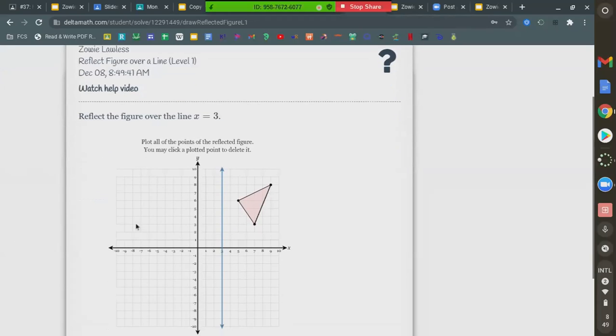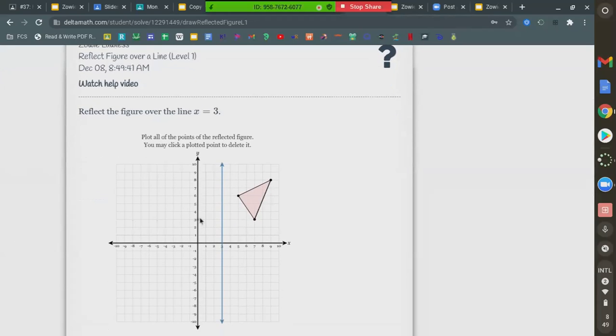All right, so this is where you're just counting how far away the points are from the line. So 1, 2, so I'd go 1, 2 the opposite way? Yep. Okay.